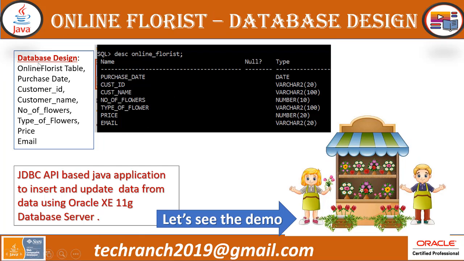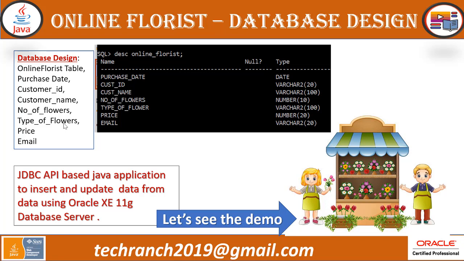We are going to have the Oracle SQL command prompt, and here we are going to create a table, online florist table. Purchase date will be a date type variable. Customer ID will be varchar type. Customer name, varchar type. Number of flowers, type of flowers, price, and email. A very simple and basic database design and table creation for an online florist application.